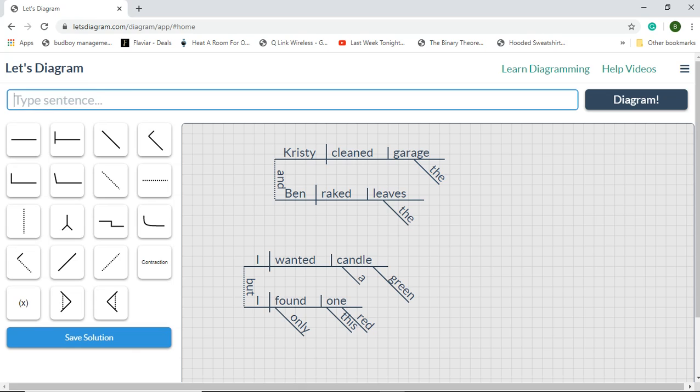Let's go on to number 3, you guys. The sentence for number 3 is: Did you already rent a cabin, or shall we rent a hotel room?